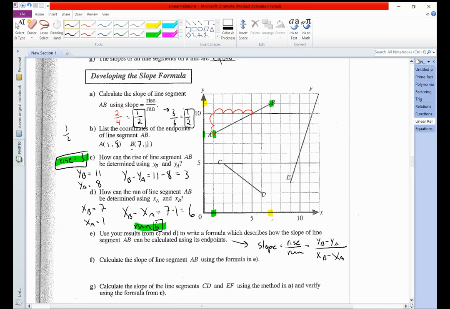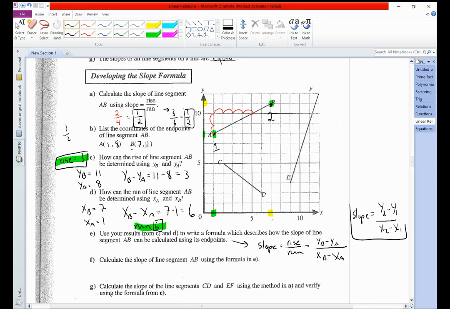So we can rewrite that if we want. Slope is equal to, and instead of using B and A, I like to use point 1, point 2. So then you get slope is y2 minus y1 over x2 minus x1.